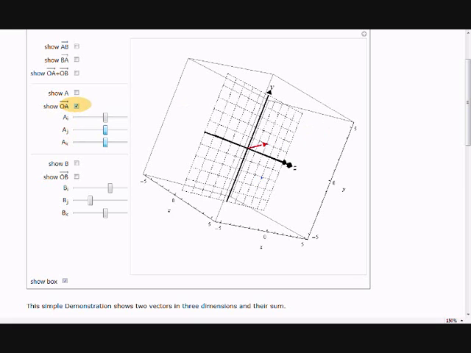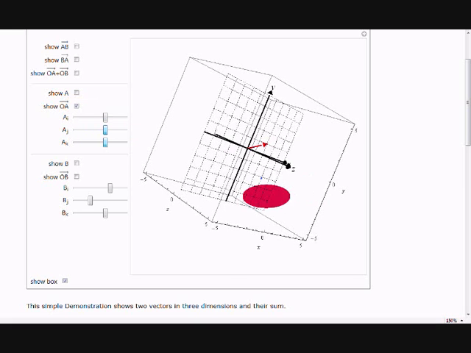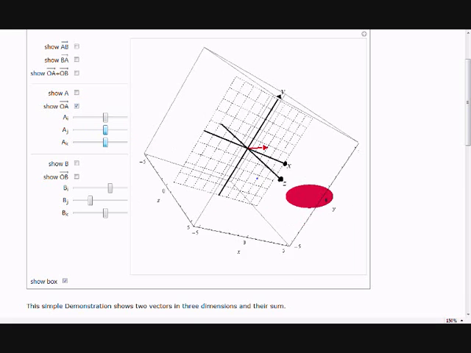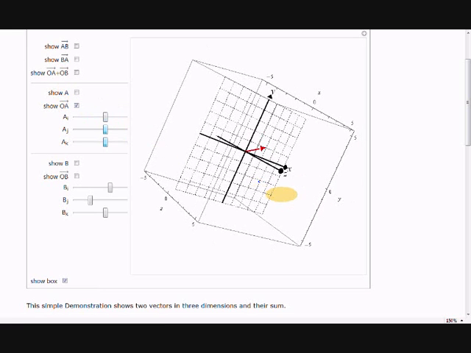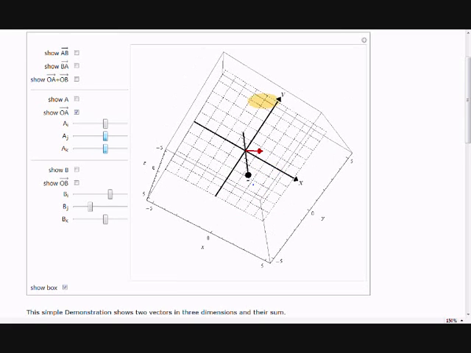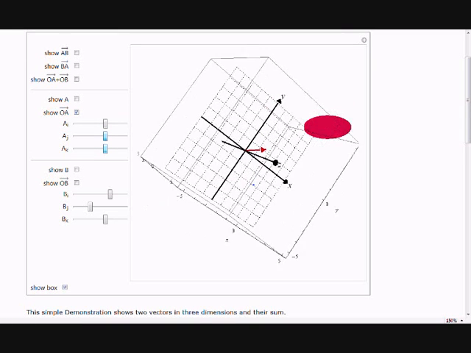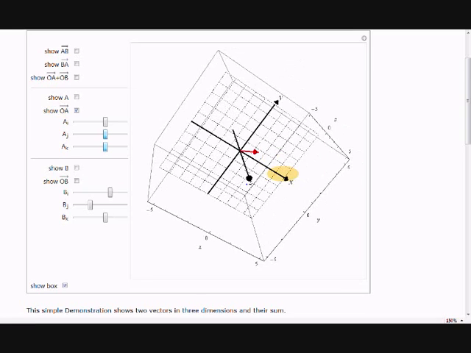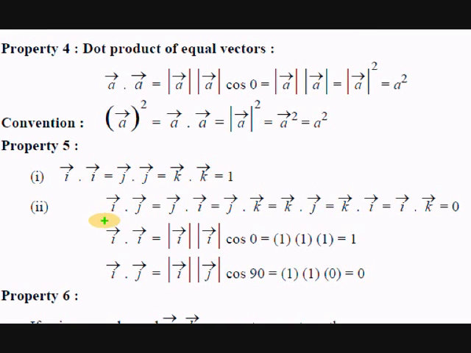We draw a line, a vector representing this, and it will be in space like this. This is how the unit vectors are perpendicular to each other. Look, x, y, z are perpendicular to each other. That is the idea. Hence the unit vectors i and j are perpendicular to each other.